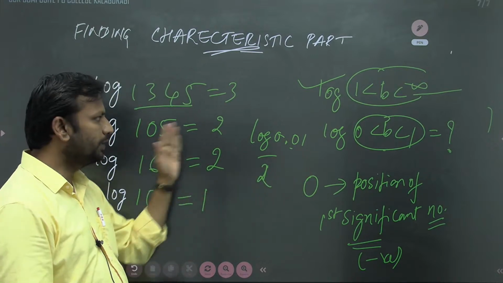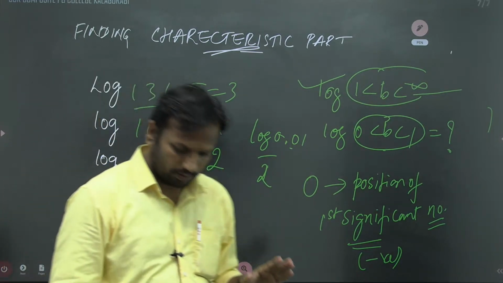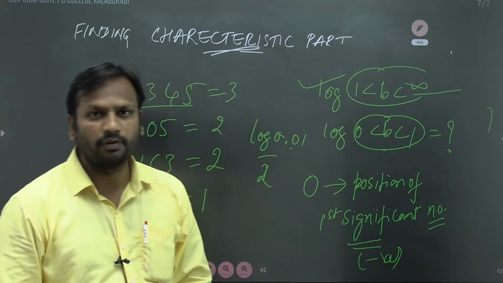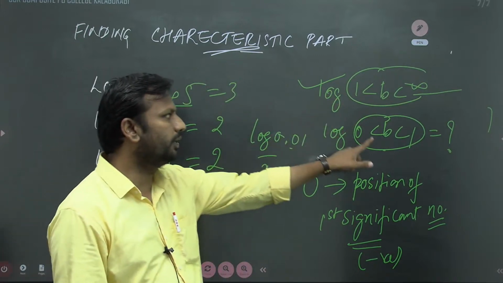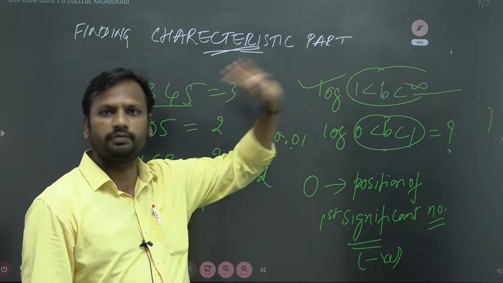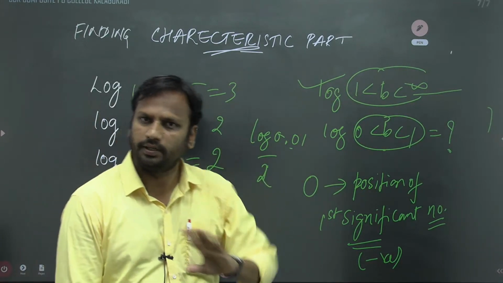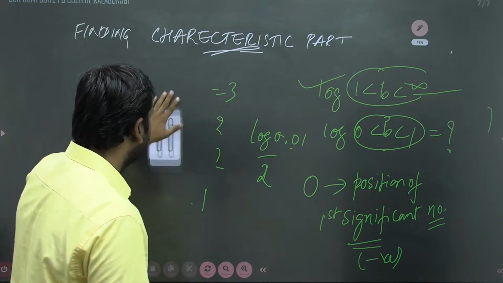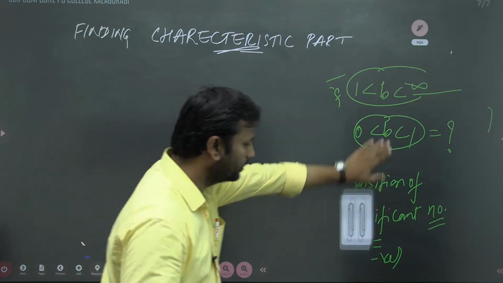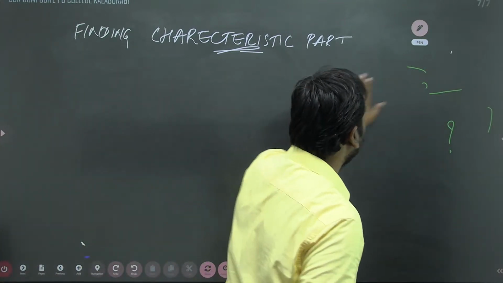Got it? So you will get two types of problems of logarithm to find the characteristic part. One is like this, another is in this way. Understood now? So this is how to find the characteristic part, students.